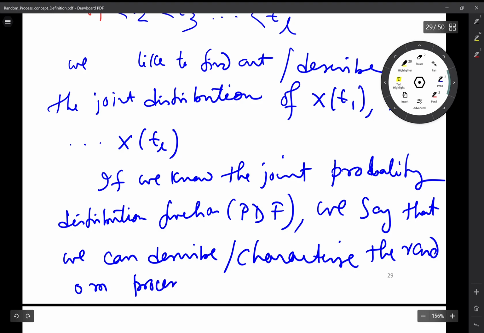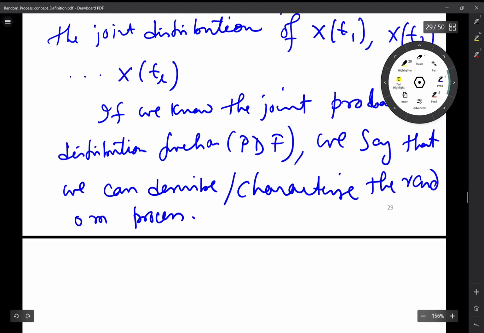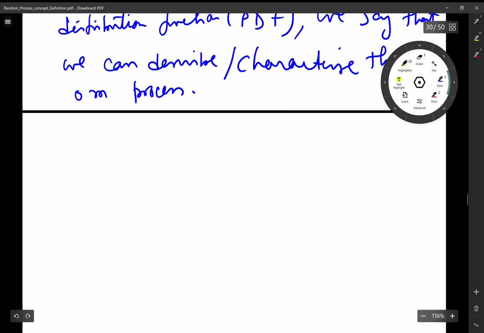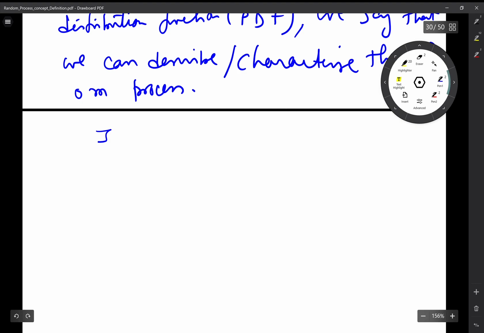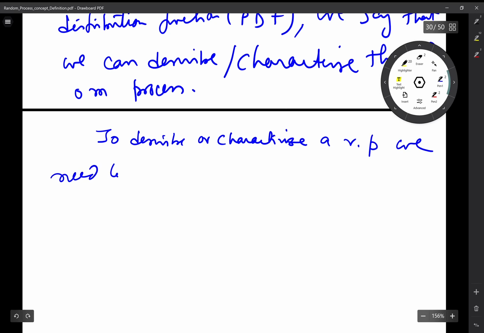So how can we describe a random process? We can describe a random process if we know the joint distribution over the ensemble. So to describe or characterize a random process, we need to describe the joint PDF.